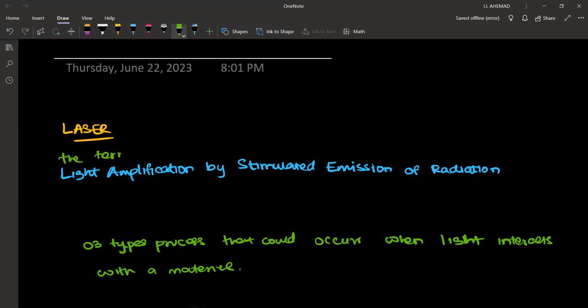The term laser is an acronym for light amplification by stimulated emission of radiation.